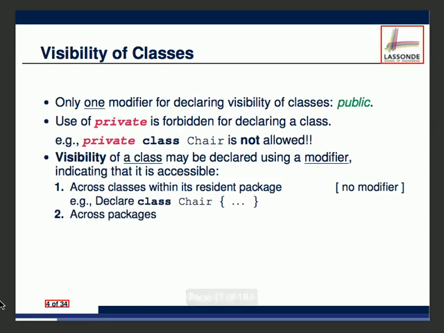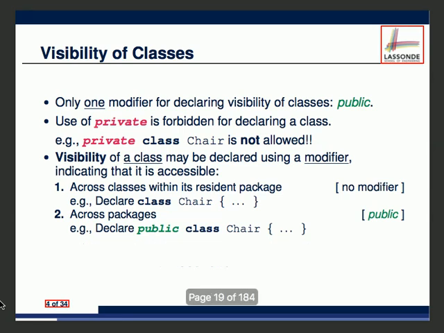The second possibility is if you declare some class as public, you can see now I am adding one additional keyword, public. I say public class chair. In this case, that simply means any classes in any packages, as long as they're in the same project, can access the chair. Okay, let me show you some diagram, then you'll be very clear, and then we'll see examples.